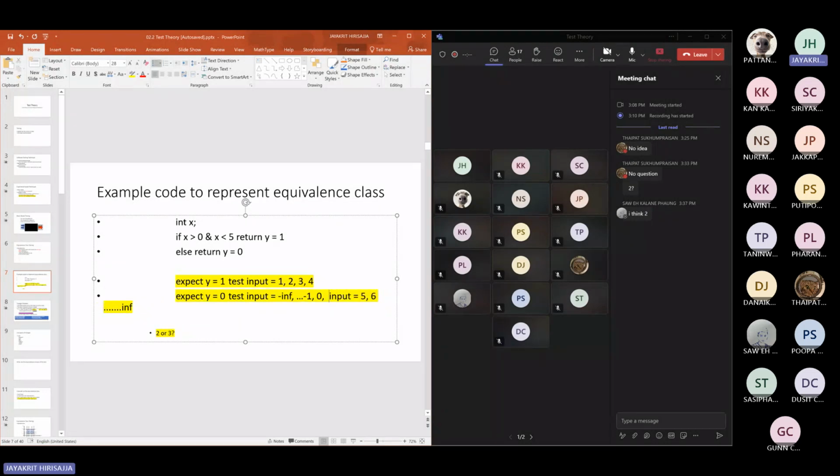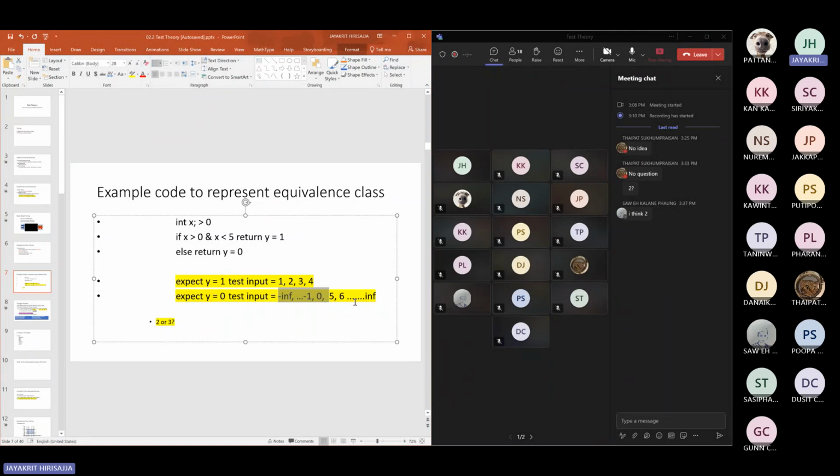But if the requirement said that the int must be larger than 0, then this part will be taken out. You have just 5, 6 until infinity.